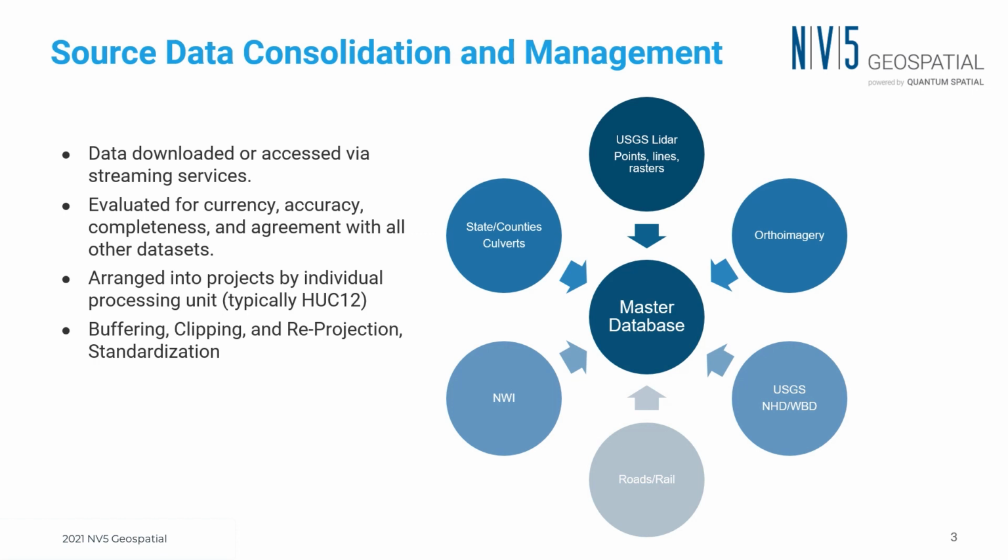So it includes the source data like LiDAR points, lines, and rasters, digs into the USGS, NHD, and WBD datasets, the NWI dataset, adds roads and rails if available, finds an authoritative ortho imagery source, and downloads any state or county culvert databases that might be available for a particular location. Each of these is first evaluated for currency, accuracy, completeness, and agreement with all the other data sets, and then arranged into processing blocks. We typically use a HUC12.